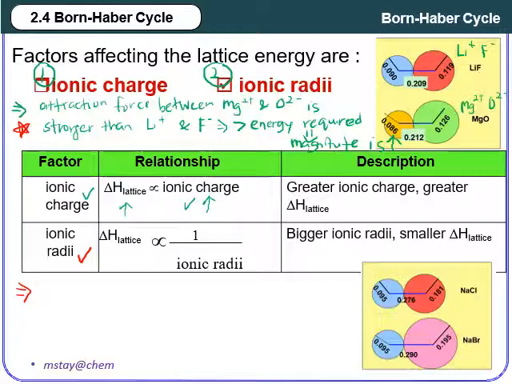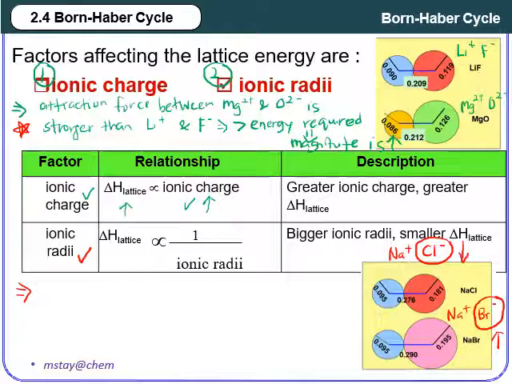For example, NaCl, we have Na plus Cl negative, and Na plus Br negative. In this case, we notice that their charges are similar. So what's the difference? One is Cl negative and the other is Br negative. As we know, Br negative is at the bottom of group 17, so its size is greater, and Cl negative's size is smaller.